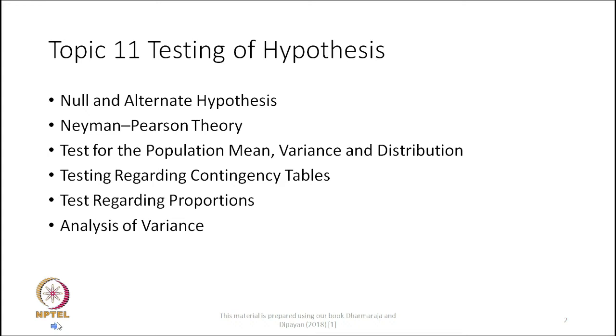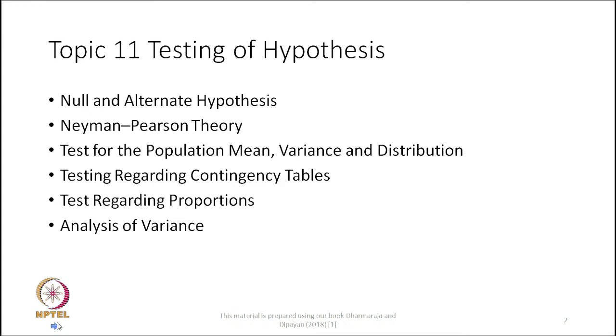Since the course is of a very elementary or introductory nature, my interest is to discuss the meaning of null and alternative hypothesis, the Neyman-Pearson theorem, and a few hypothesis tests, starting with the population mean, then population variance, and testing regarding population distribution, and then testing regarding contingency tables, and finally tests regarding proportions.